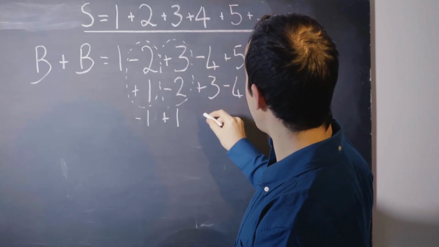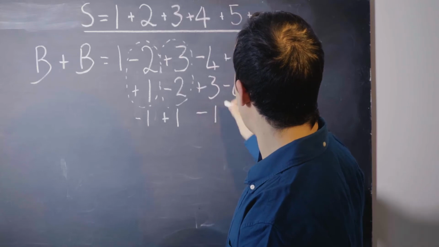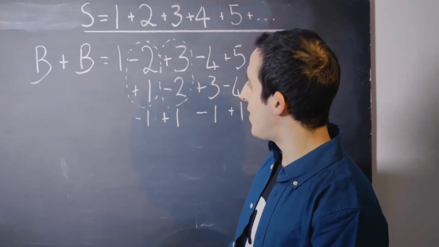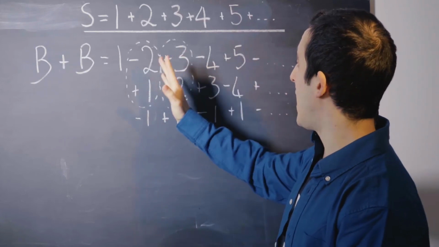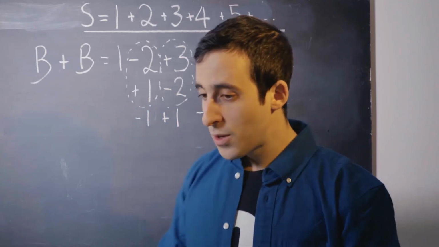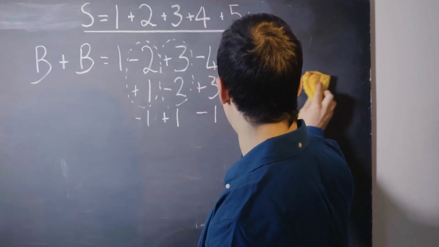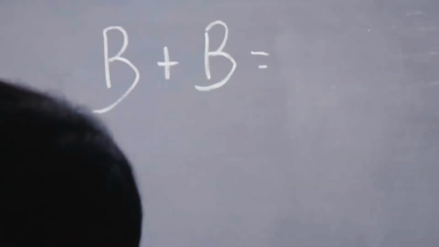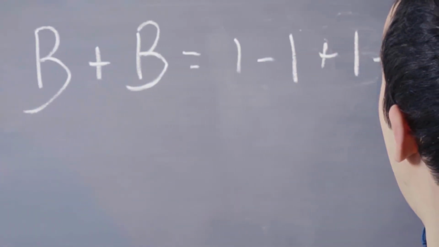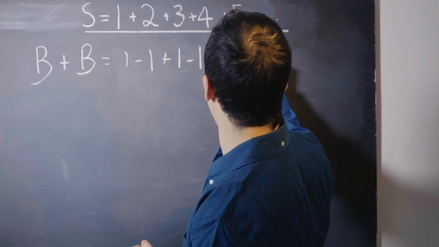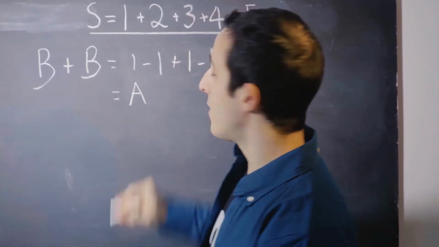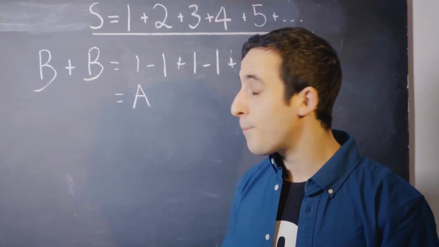And if we pair the next two, we get minus 1 and then plus 1. A little bit of thinking will convince you that this will happen for every single term in this infinite series. So what are we left with? B plus B is equal to 1 minus 1 plus 1 minus 1 plus 1, and so on, which is equal to A, the first sum we computed at the beginning.